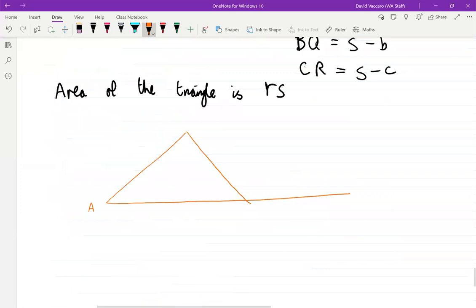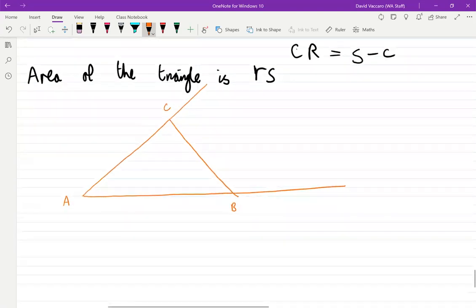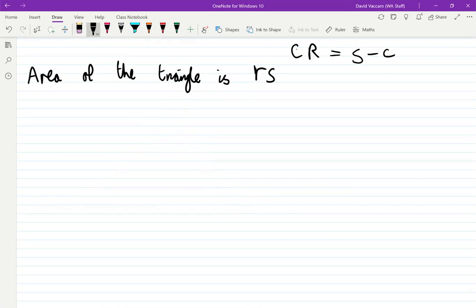So this is A, B, and C. Okay, and what I'm going to do now is I'm not going to draw a circle inside the triangle. Actually, I'm going to just give myself a little bit more space. So I'm going to draw A, B, and C.